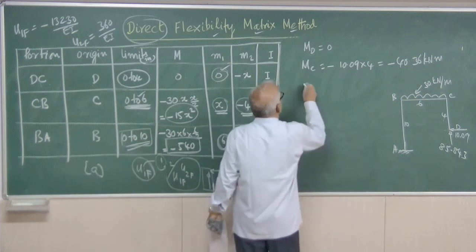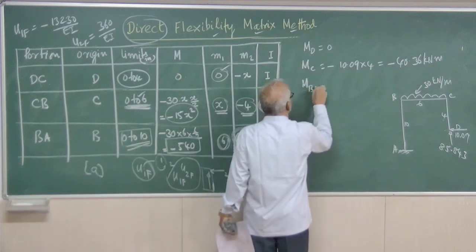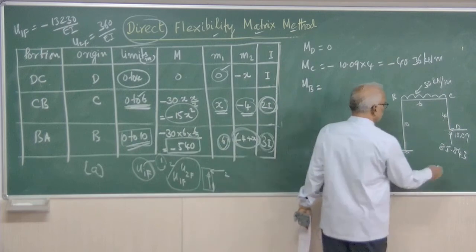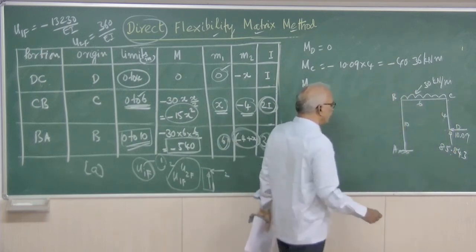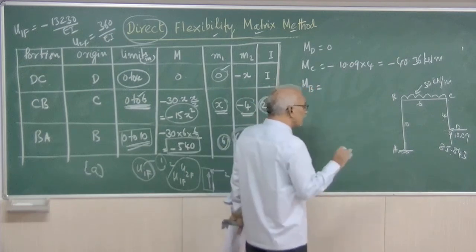Now, MB equals 85.843 into 6 meters. Vertical force into horizontal distance is anti-clockwise, therefore it is plus.